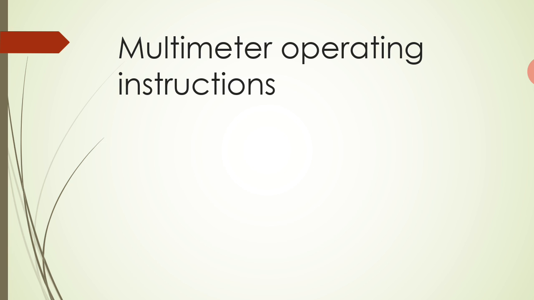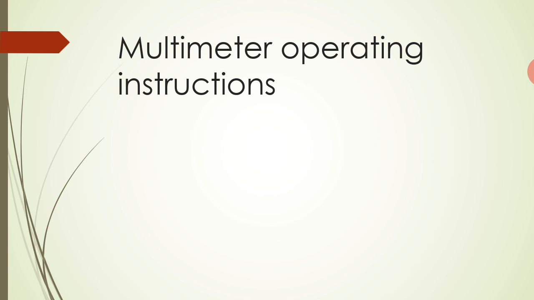Next is make all resistance readings in the uncrowded portion of the meter scale whenever possible. Next, take extra precautions when checking high voltage and checking current in a high voltage circuit.